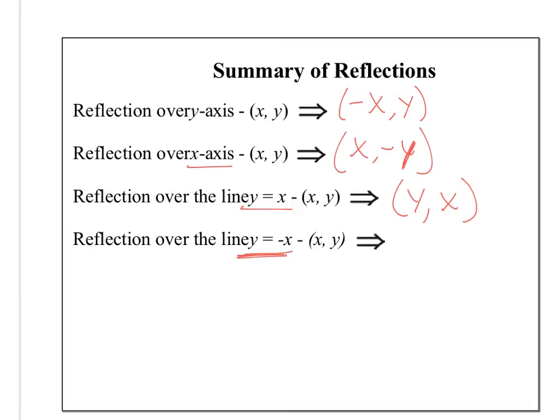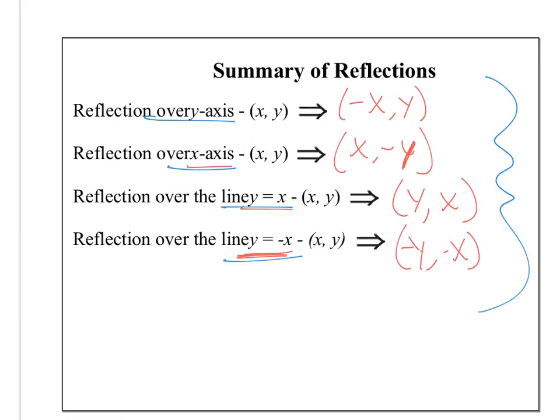And we had y equals negative x, where they needed to be flipped, but also negated as well. Again, these are very important to memorize and know, so that you can take any point and reflect it over any one of these 4 lines. All right, and that concludes our reflections lesson.